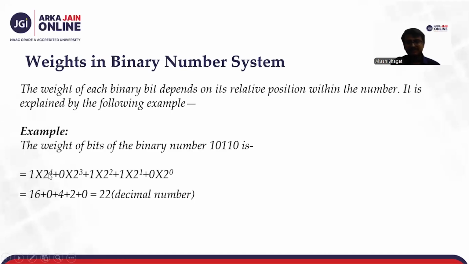Now evaluate: 2 to the power 4 is 16, into 1, 16. 2 to the power 3 is 8, into 0, 0. 2 to the power 2 is 4, into 1, 4. 2 to the power 1 is 2, into 1, 2. 2 to the power 0 is 1, into 0, 0. So 16 plus 0 is 16, plus 4 is 20, plus 2 is 22, plus 0 is 22. So this is your decimal number. The decimal equivalent of 10110 is 22.